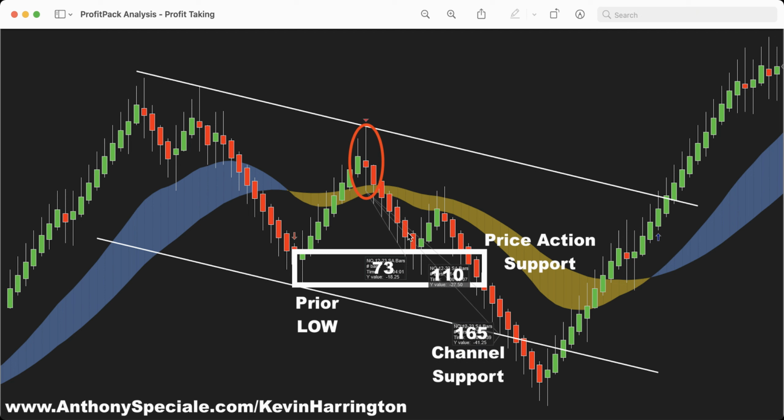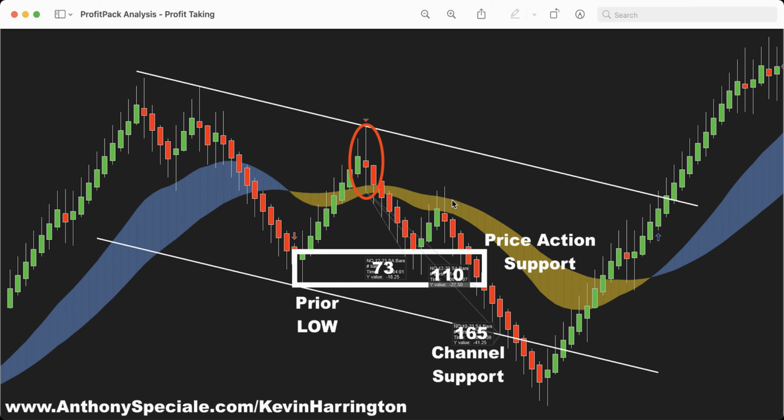Well, what happened when we approached that first layer of support? Well, we got a correction, right? Why? Because this is a known area where previously buyers have stepped in to enter the market. So if buyers have stepped in the past, there's a pretty good chance they'll step in here again. That's exactly what they did. So you take your profit on the first approach, the first test, 73 ticks.